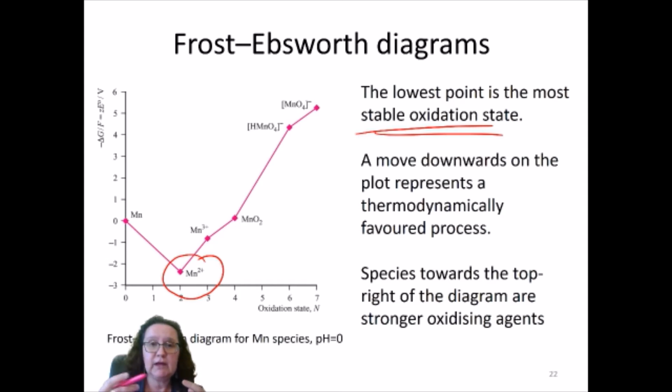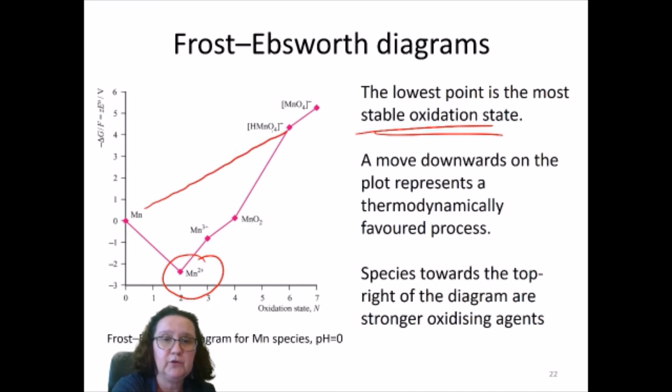When you look at two points in the graph, and I'm going to pick, for example, the ion manganate and the metal manganese, moving downwards in the plot means the process is thermodynamically favorable.